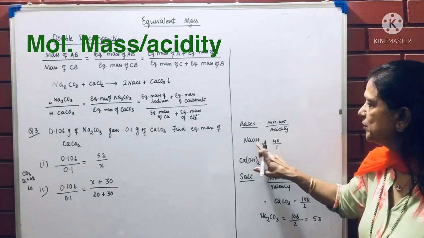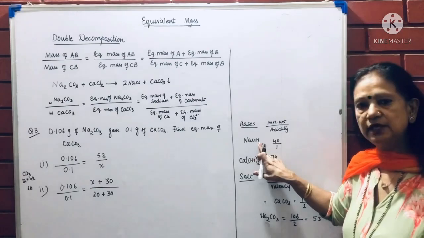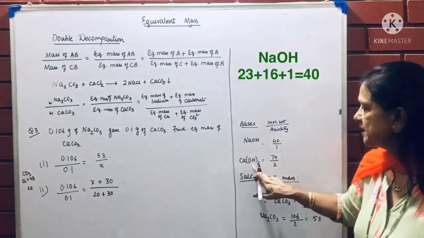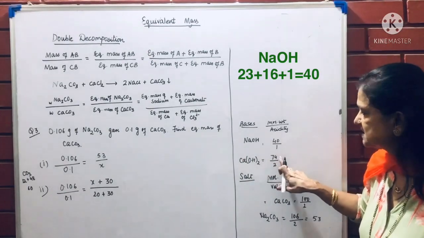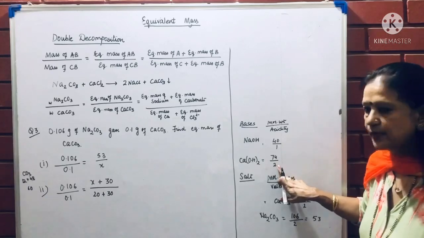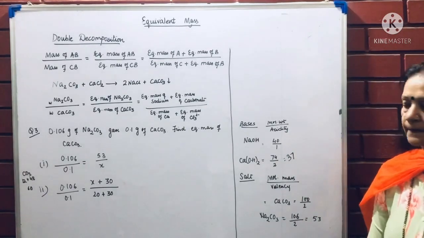For NaOH, one OH is released, so 40, the molecular weight of sodium hydroxide, divided by 1. Calcium hydroxide's molecular weight is 74. Acidity is 2, so I divide by 2 and get 37.